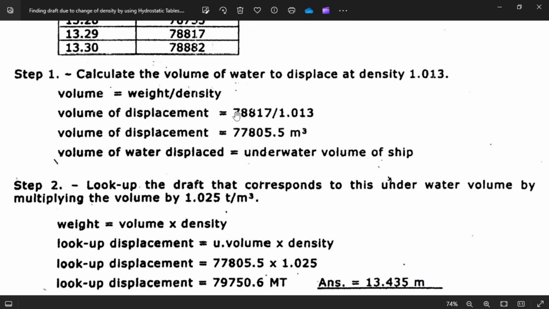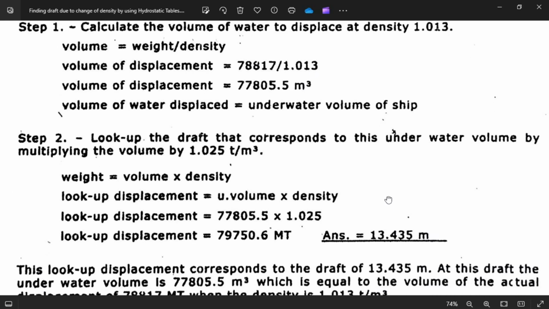So this one is equal to this 77880.5. If you divide 78817 by the local density of 1.013, the volume of displacement will be 77805. So this one is equal to this one when you divide by the local density of 1.013, which is this one. So these are the same. That is what it is saying.